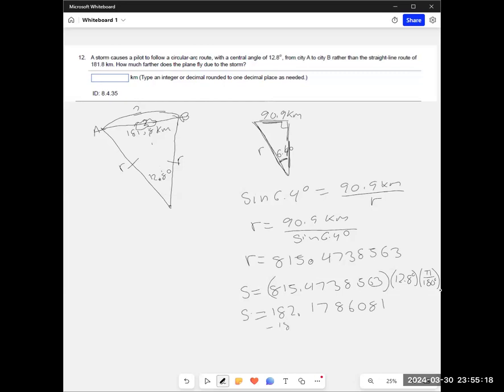Then the question is how much further out of the way we had to go. So we want to subtract the original 181.8 from this. And the difference is 0.3786 kilometers.